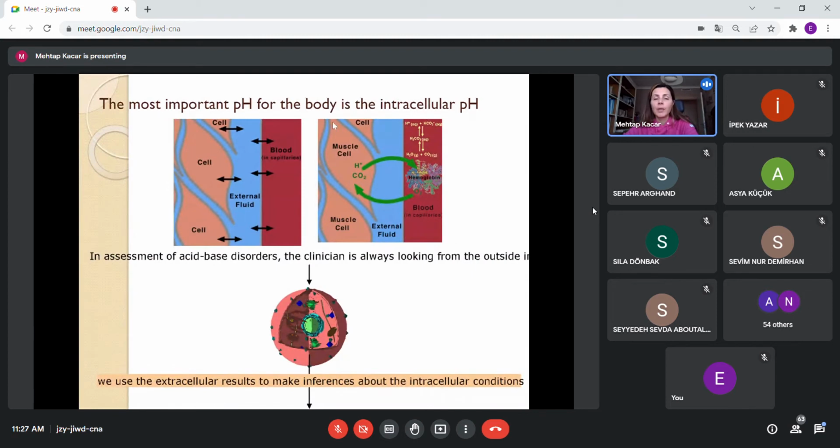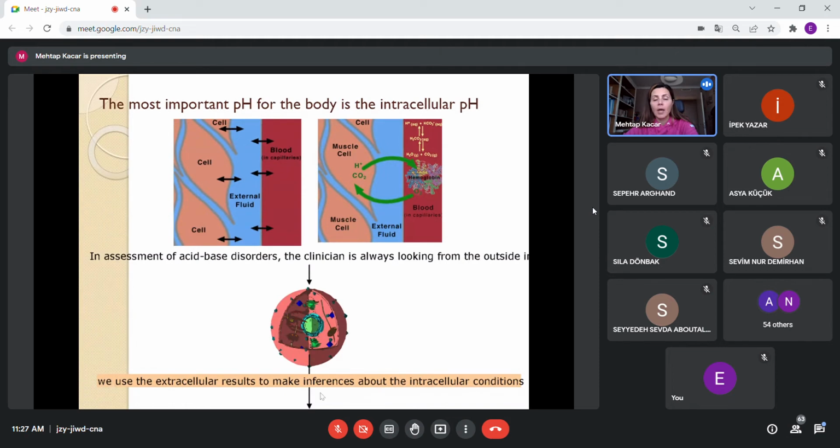The most important pH for the body is intracellular pH. In assessment of acid-base disorders, the clinician is always looking from the outside at pH, of course.